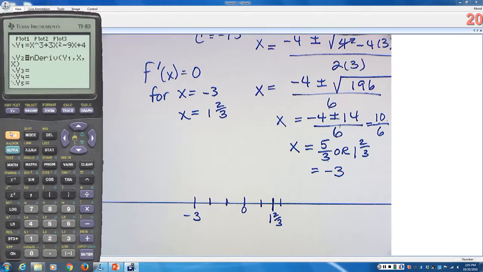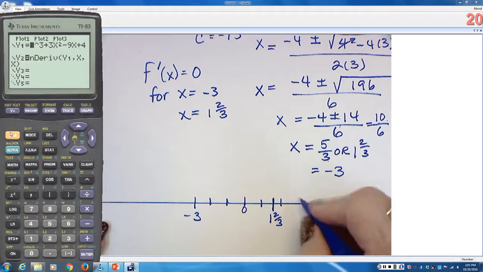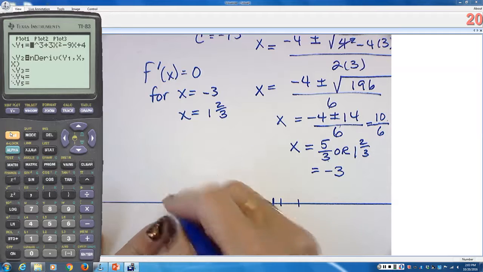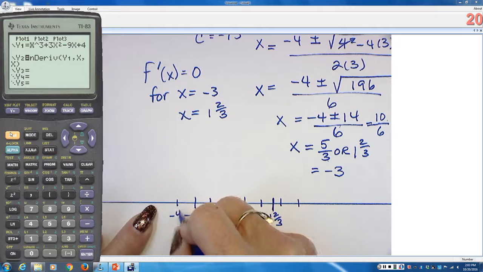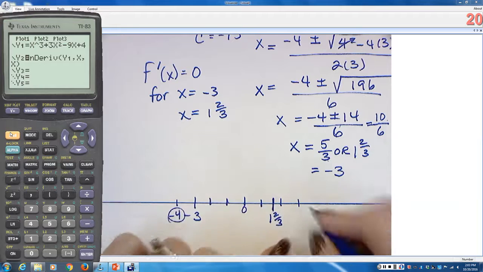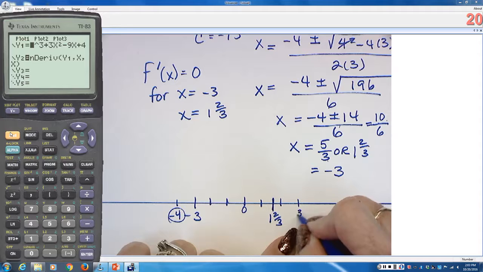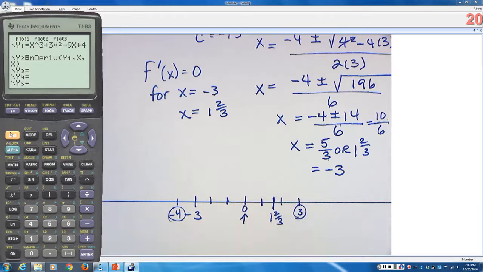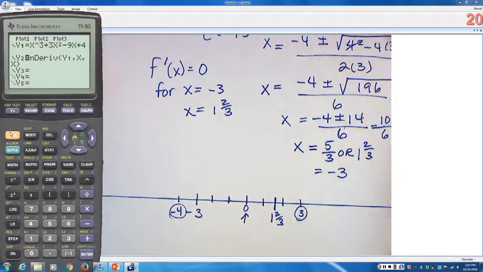And then I'm going to test values in both intervals. So in this interval, I will test -4. And in this interval, I will test +3. And in this interval, I'm lazy. I'm going to test 0 to see what happens with the derivative at those points.